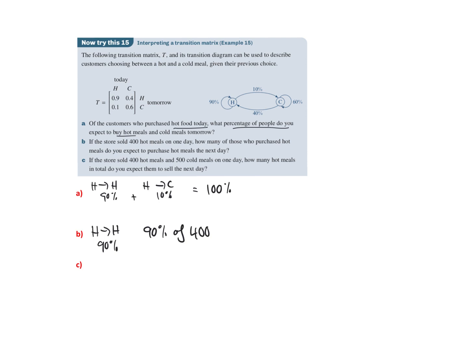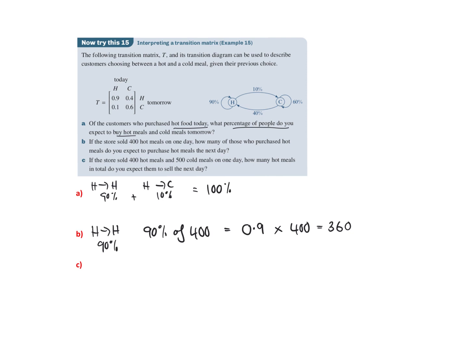So we'll change that to a decimal, and of means times in maths, and then we change it to 400. So 90% of 400 is 360. Yeah. You can do it on your calculator.